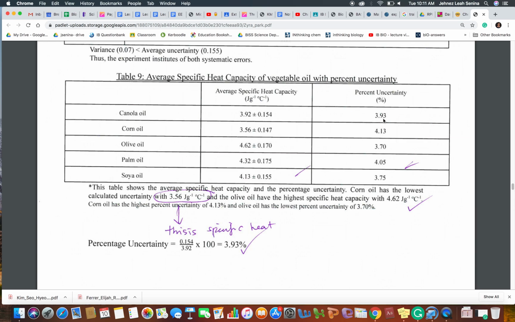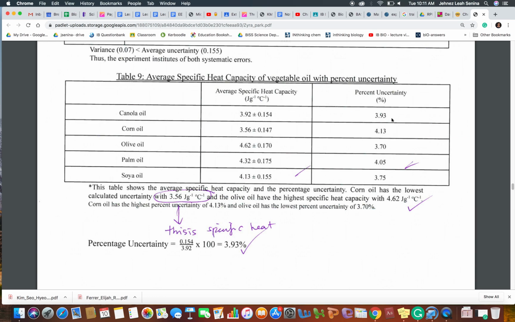Okay, so we have the specific heat capacity and absolute uncertainty. Why express it as a percent again here? Okay, listen again. This is because she tried to account for other uncertainties in her experiment.